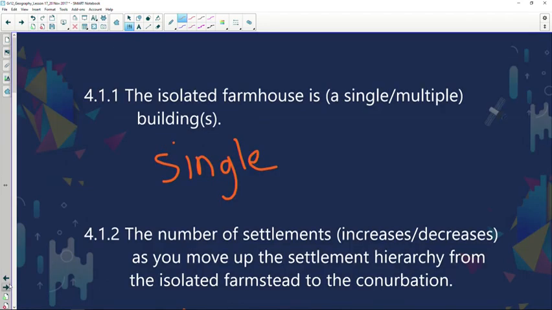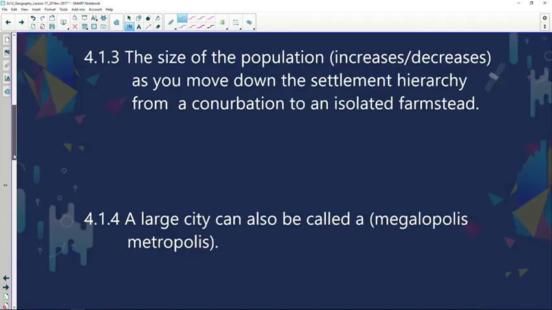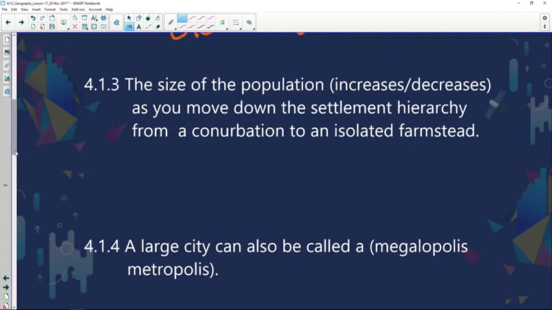If you continue to question 4.1.3: does the size of the population increase or decrease as you move down the settlement hierarchy from a conurbation? Obviously the correct answer is decrease. There's not a lot of people living on an isolated farmstead.